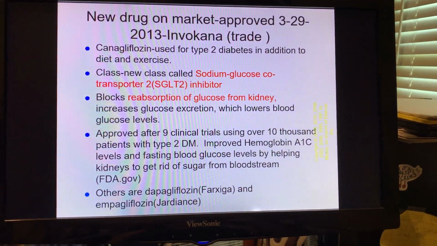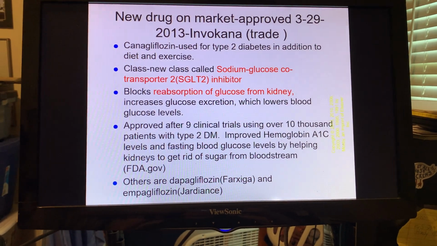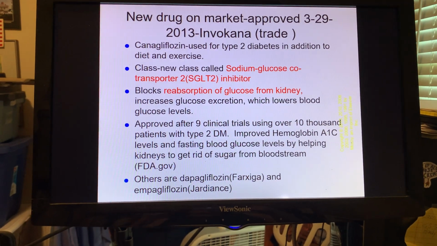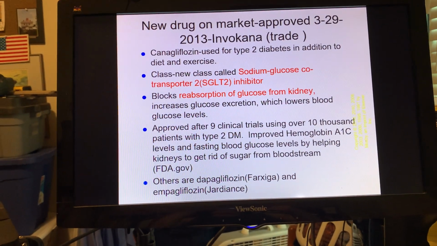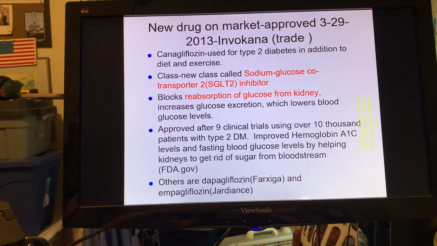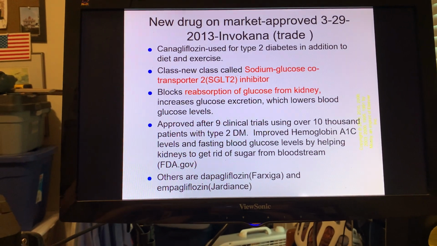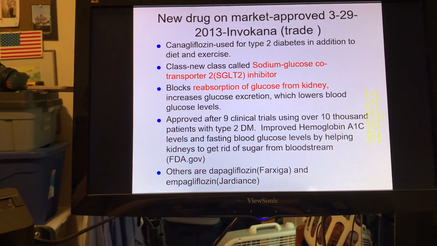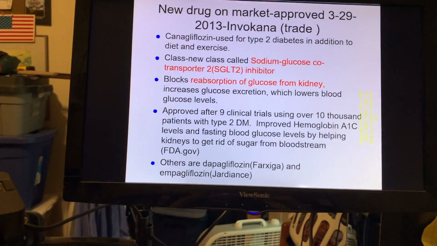Well, now with these drugs, you're going to see sugar in your urine because these drugs block the reabsorption of glucose from the kidney. So when the kidney is making urine and returning some substances to the bloodstream and sending some out with the urine, usually it's going to take up the glucose and send it all to the bloodstream. In this case, it doesn't. It sends it out in the urine.